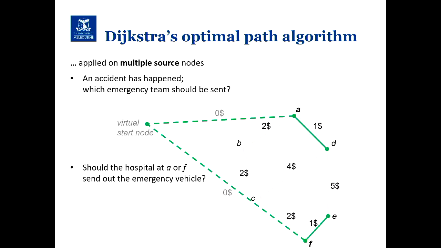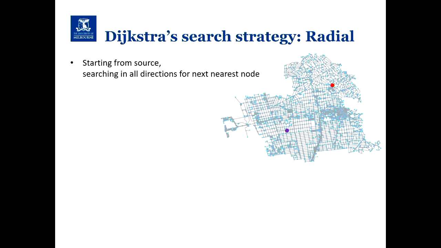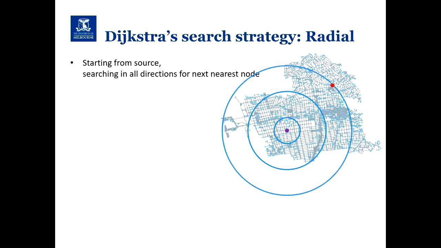However, it was a good question, because as you can imagine, the Dijkstra searching algorithm is a radial one. So we're searching radially from the starting point until we reach the end point. As you can imagine, there's quite a few redundant calculations happening for all of the nodes around the starting point.